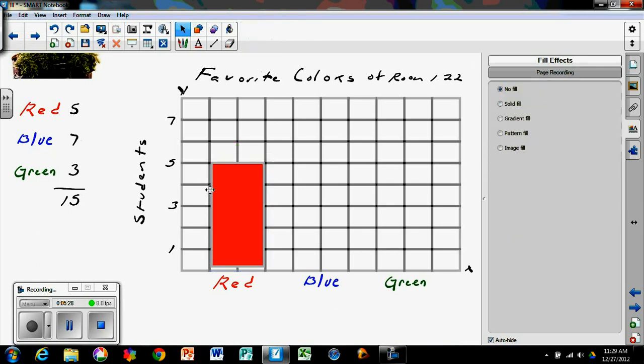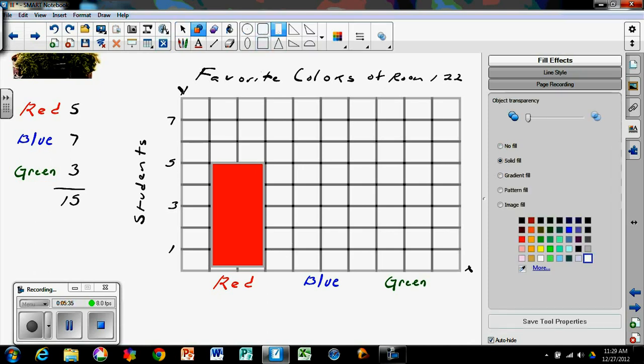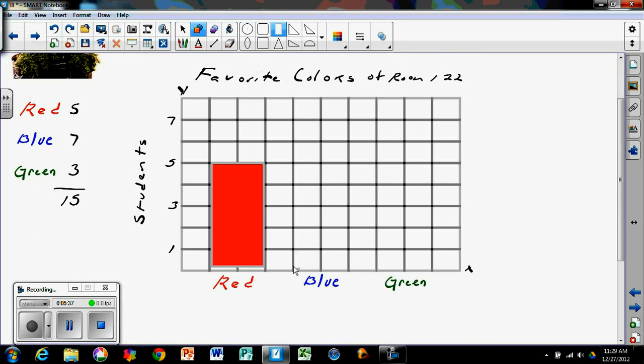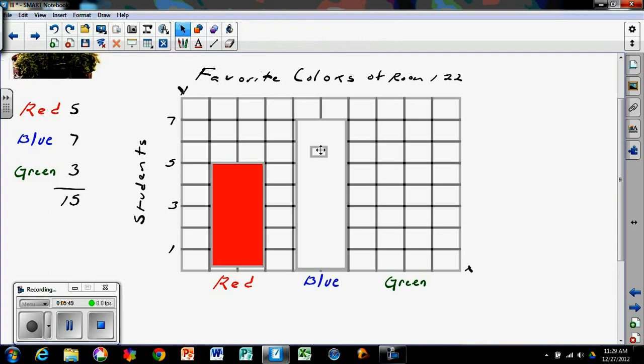My next one was blue, and that went up to 7. So let's make another bar. Have that go all the way up to 7. And fill that in with blue.